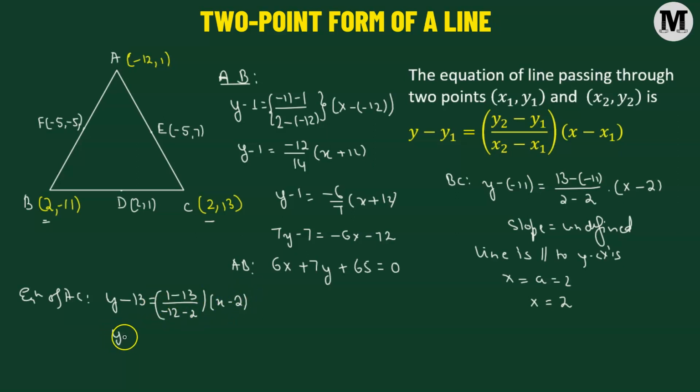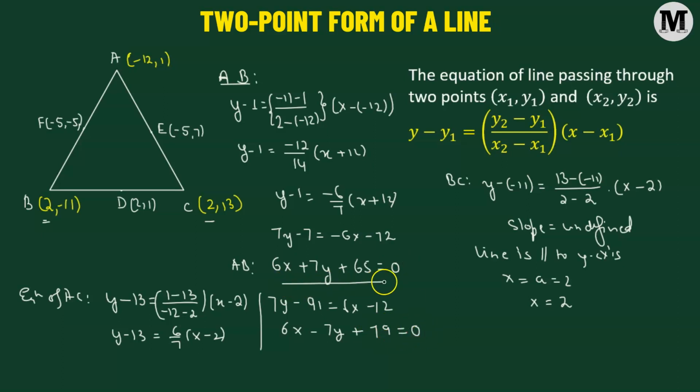We have y minus 13 equals, so this value will become 6 over 7 times x minus 2. Cross multiplication gives us 7y minus 91 equals 6x minus 12. Now, rearranging the terms, we have 6x minus 7y plus, so we get 91 minus 12, that's going to be 79, equals 0.